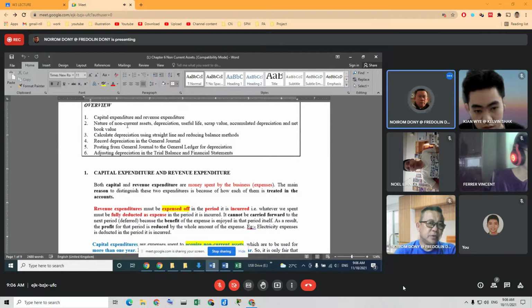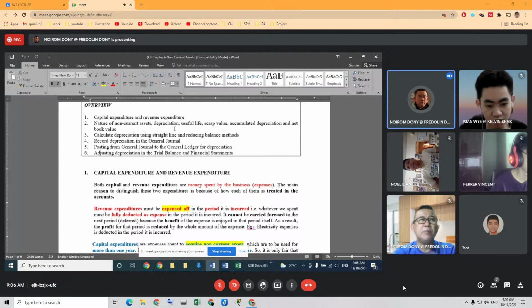So that's why depreciation comes around. They call it depreciation, a special term, which is the expense to reflect the nature of the non-current asset. We call it depreciation, not depreciated. That is past tense.